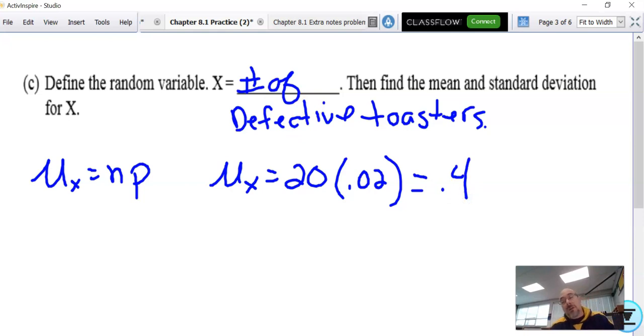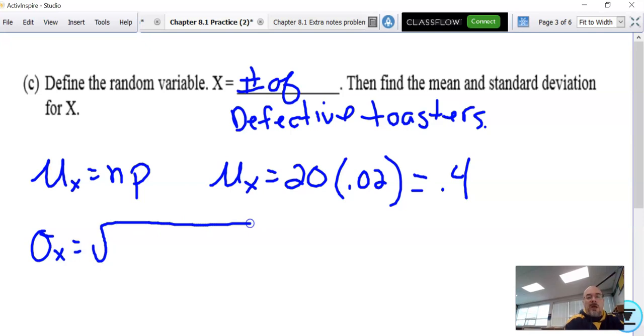Yes, it's a decimal. I know you can't have part of a toaster, but that's what it is. That's the mean. That's how many toasters you expect to be defective out of 20. The standard deviation, ladies and gentlemen, is the square root of the how many times its probability times its complement. Remember, 1 minus p is the complement.